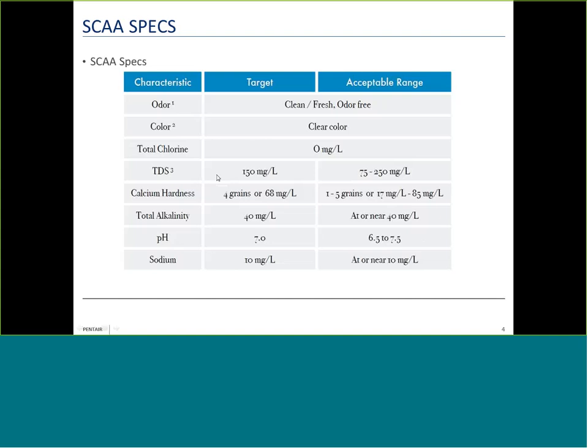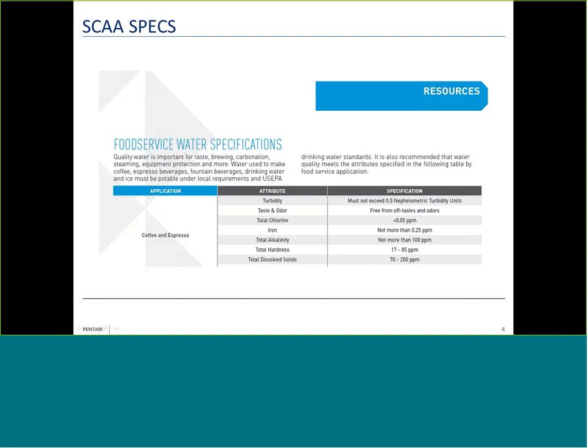And since coffee is the most restrictive and demanding of all three of these applications, that's the one we're going to specify to. So we look at this water quality, and the only thing we might want to do for coffee is possibly add some mineral back to put it right into that acceptable range. Right now we're a little bit below.